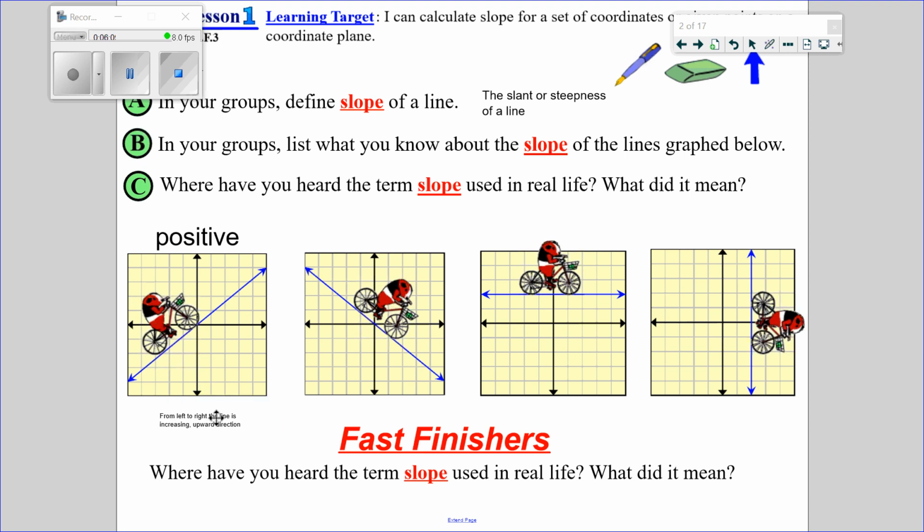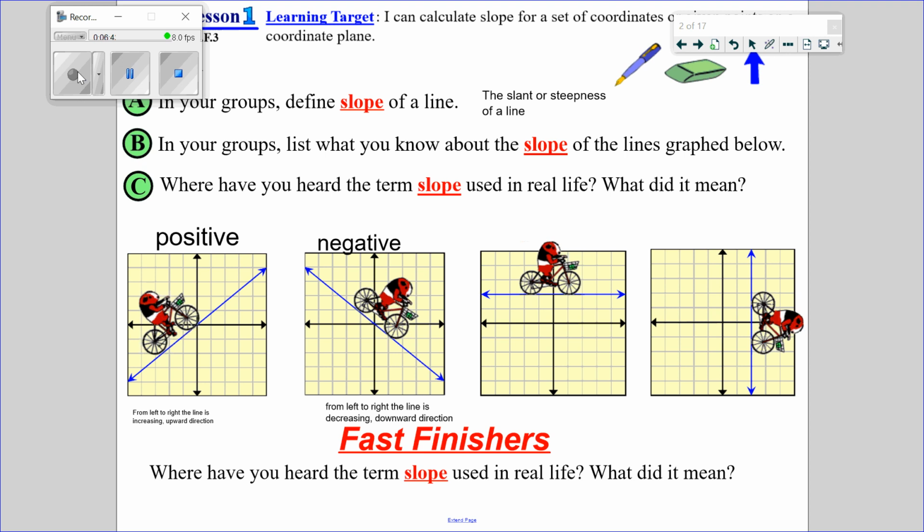Left to right, the line is increasing in an upward direction. Now if we look at the second one, he is going downward. So he's going down the hill. That's a negative slope. It's going downward, decreasing from left to right.